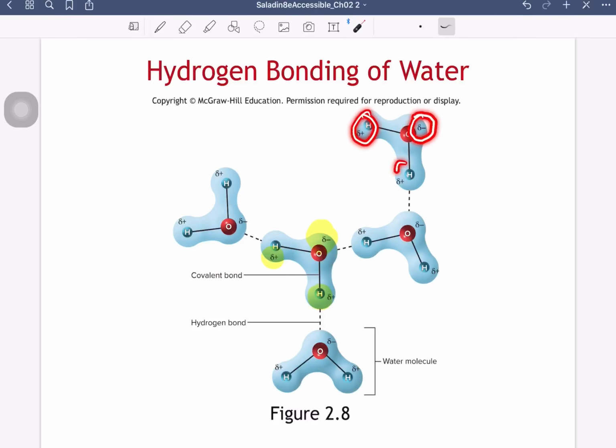These two ends tend to be positive, and this is beautiful because this hydrogen, which is a more positive end, will interact with the oxygen here, because this has a positive, this will be a negative, and we get a hydrogen bonding occurring here. We can see a hydrogen bonding, a hydrogen bonding, a hydrogen bonding. So that means water molecules like to line up in certain ways with a hydrogen bonding with an oxygen there, or hydrogen bonding with an oxygen, etc. So you can see that there's a lot of cohesion of these individual molecules.